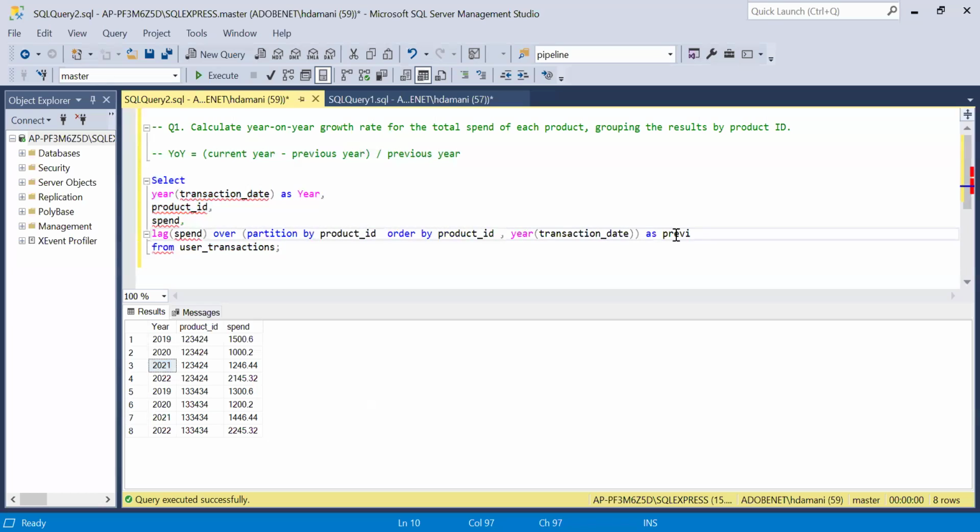previous year. Let's say this particular spend is of the current year, so I am giving it the alias current year. Let me copy it over here.